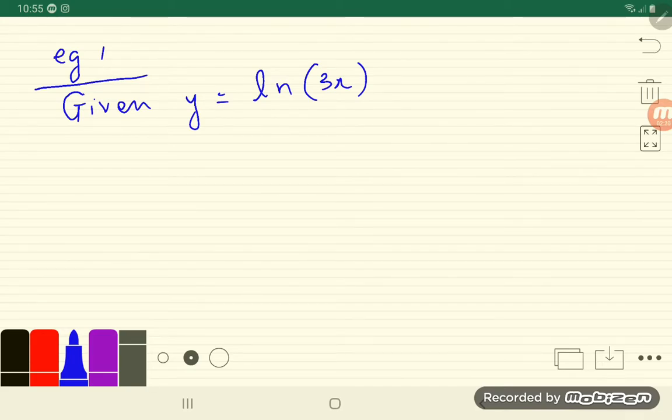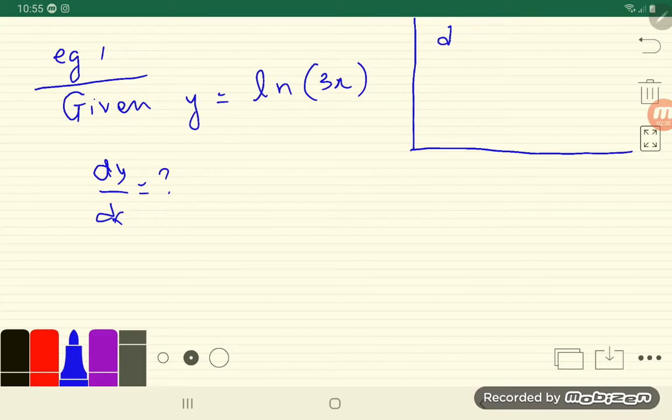If we want to find the differentiation of it, or the value of dy over dx here, we are going to use again the formula that I wrote just now. Let me put the formula here, where we are going to use the formula d over dx of ln u equals 1 over u multiplied by du over dx.